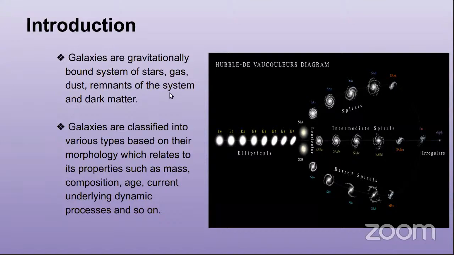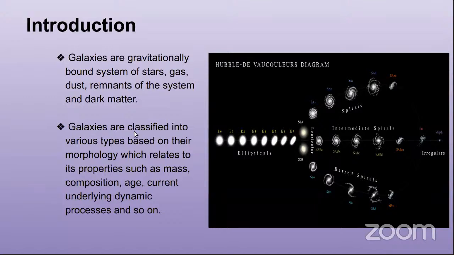This is a huge mass when compared to star clusters or other groups. Galaxies are very, very large in mass, and most of it is again dark matter, which we don't know yet.